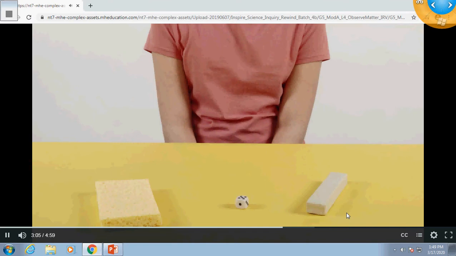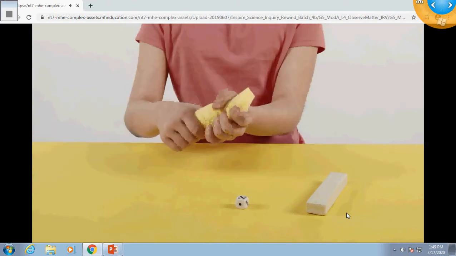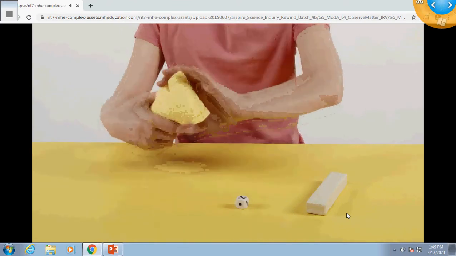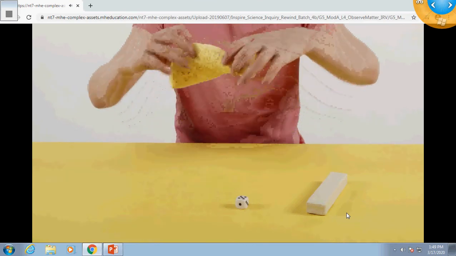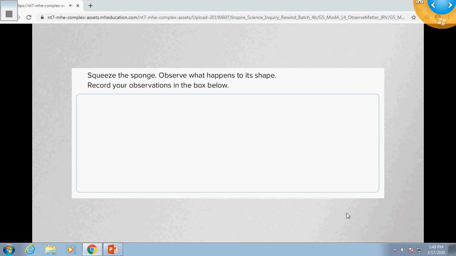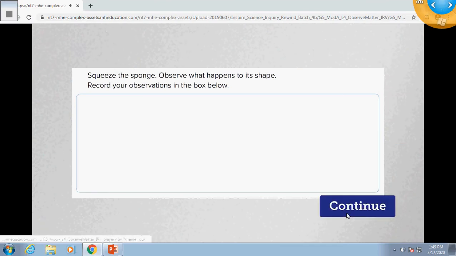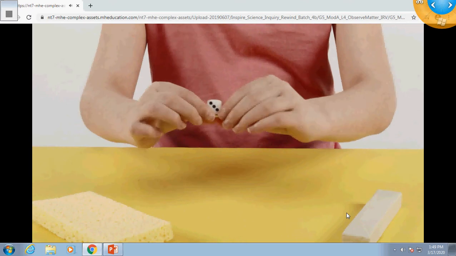At this station, you will see a sponge, a number cube, and modeling clay. Squeeze the sponge. Observe what happens to its shape. Record your observations in your notebook, then select Continue. Now squeeze the number cube between your fingers.